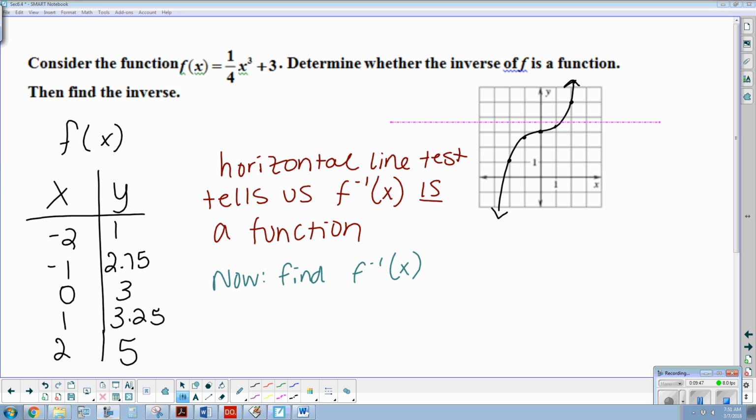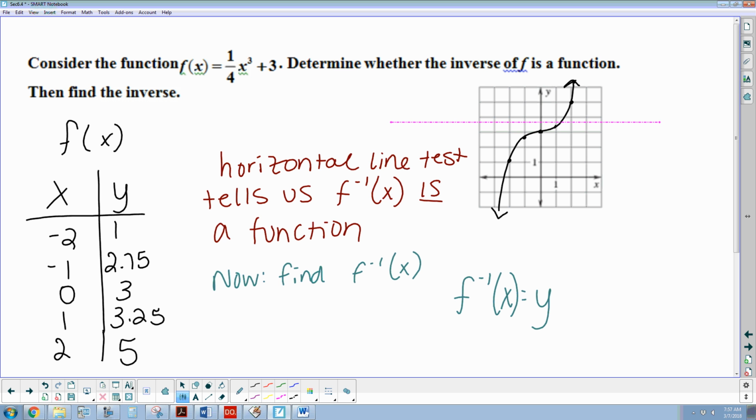So now we just need to find the inverse function of f of x. In order to find the inverse, I'm going to switch around my x and my y. So my inverse of x is my new y, but I'm going to switch that around with my x value.